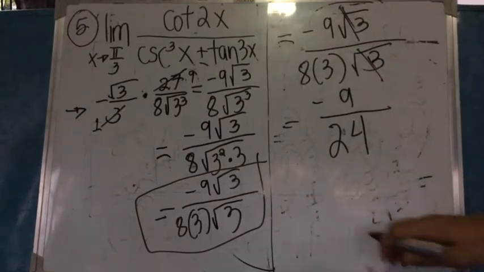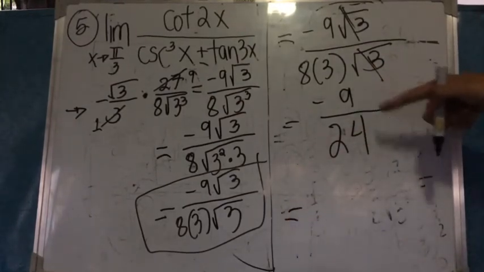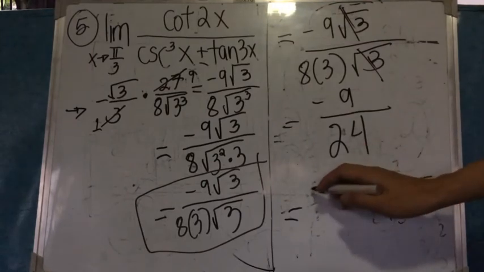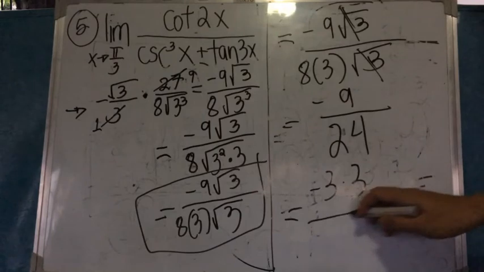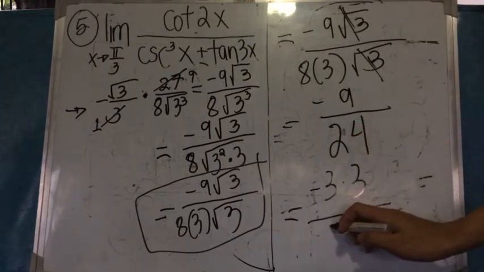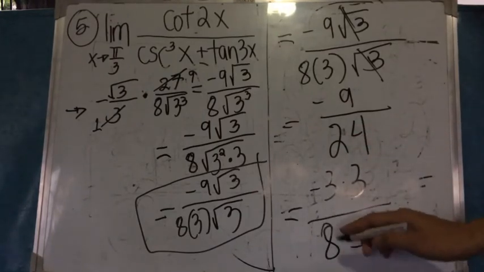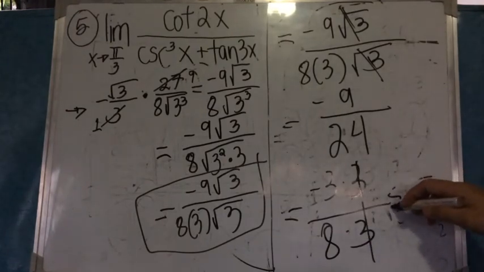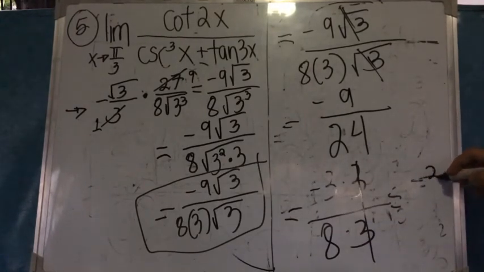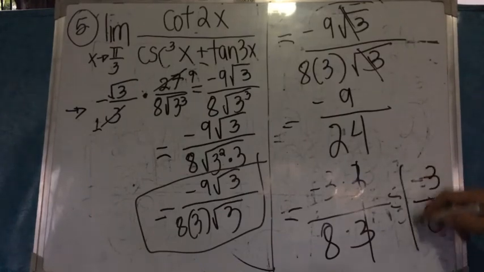The simplest form is negative 3 times 3, that is negative 9, and 24 is equivalent to 8 times 3. So we can cancel 3. What remains now is negative 3 over 8.